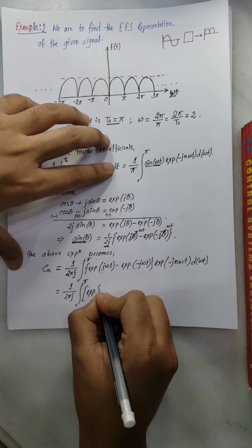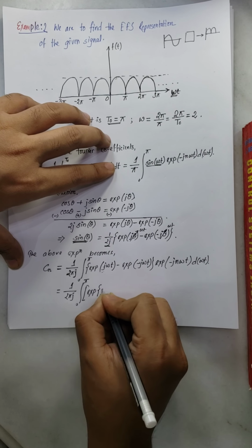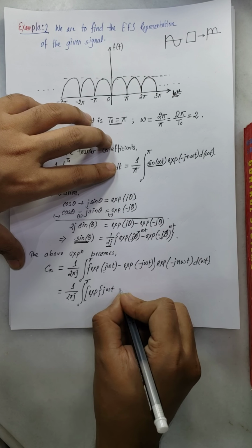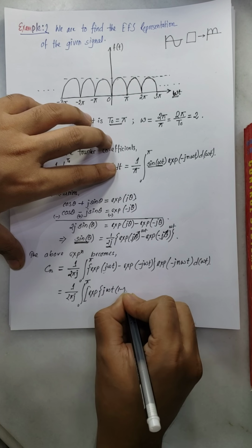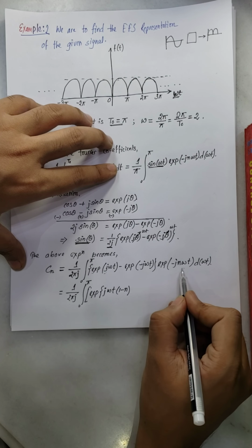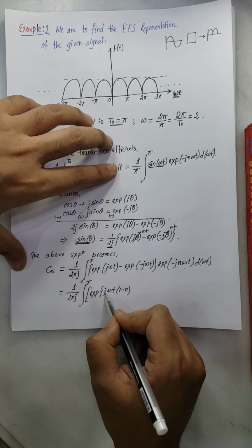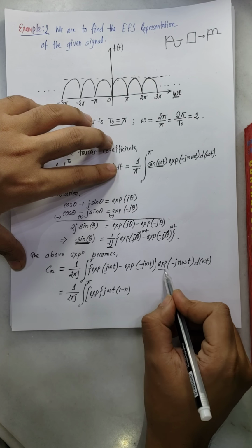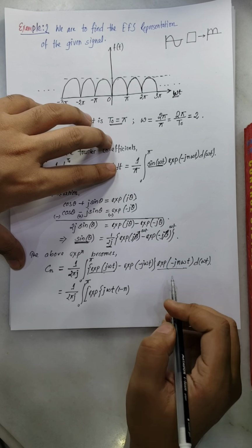e to the power j omega t 1 minus n. That is, we are multiplying these two terms and taking j omega t as a common factor from both this term, I mean this and this term.